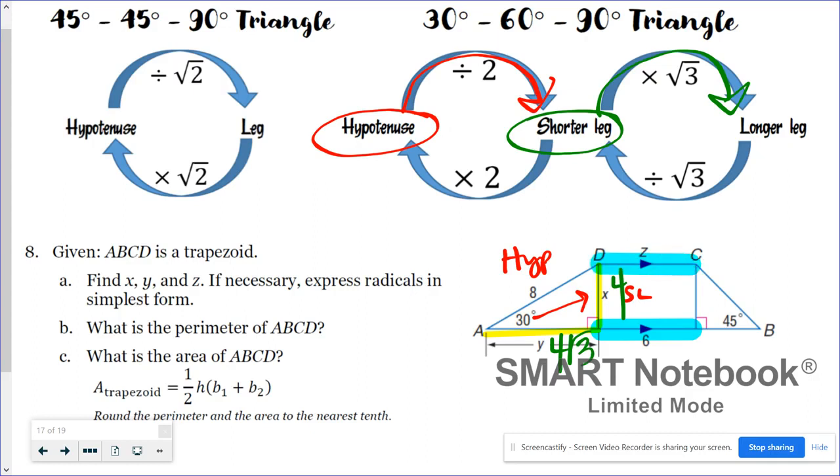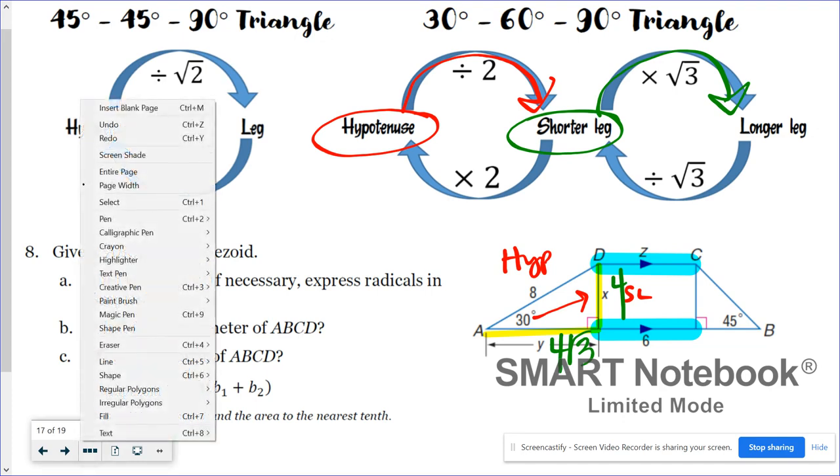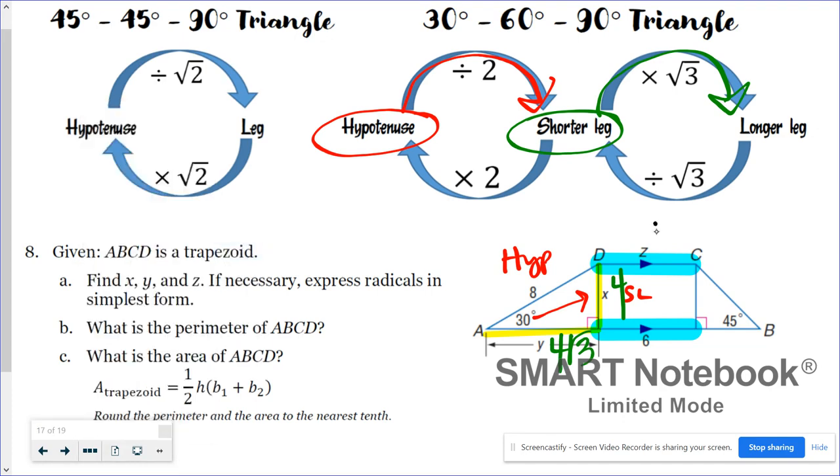So DC is going to be equal to 6. So z is 6. Nothing weird going on there. So we got that x is 4, that y is 4 root 3, and that z is 6.